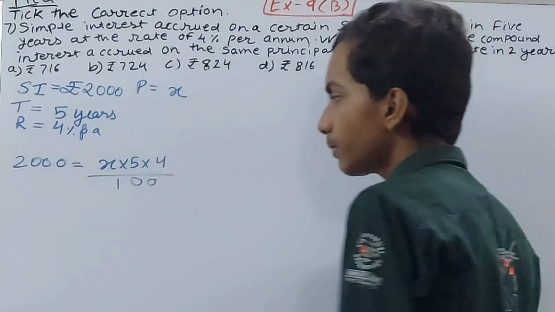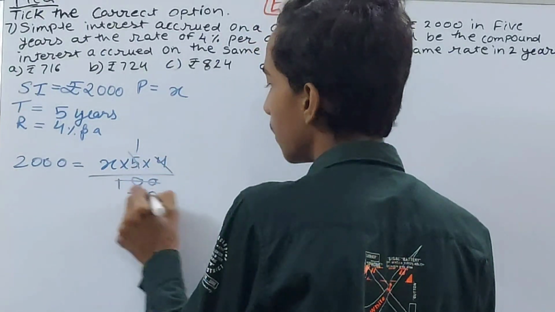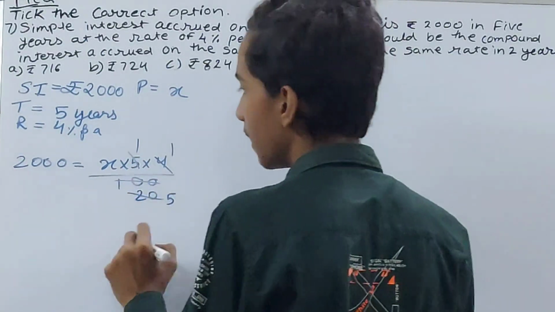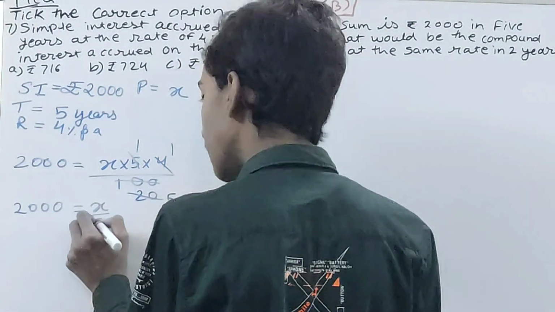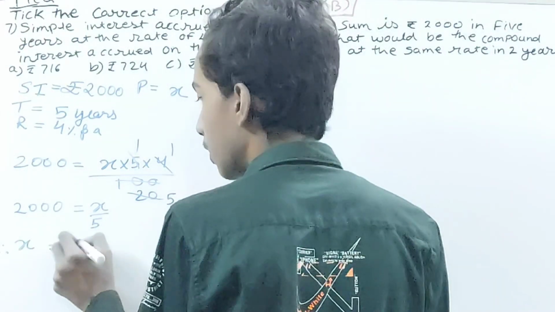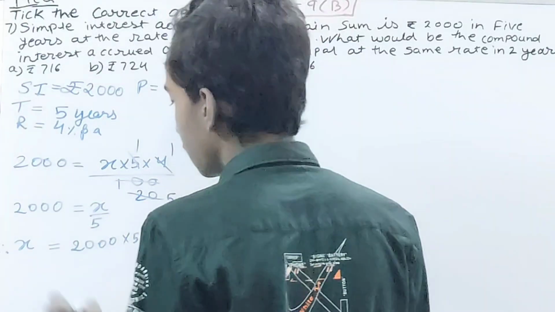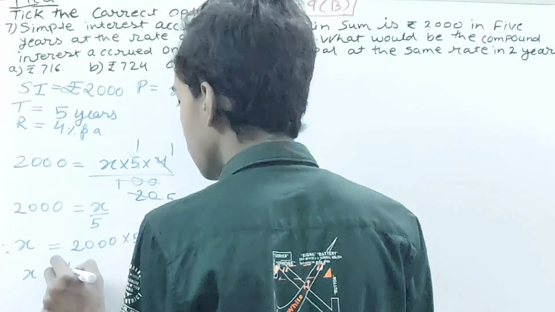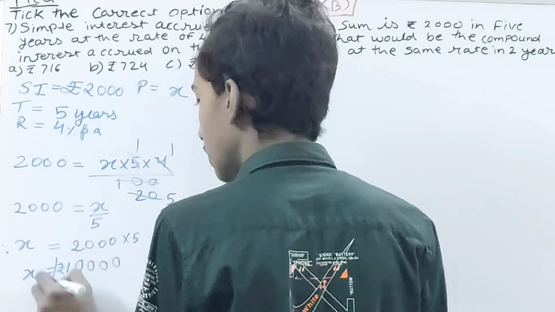So I will cancel 4 and 20, and 1 and 5. So 2000 is equal to x by 5, therefore x is equal to 2000 into 5, that is, x is equal to rupees 10,000.